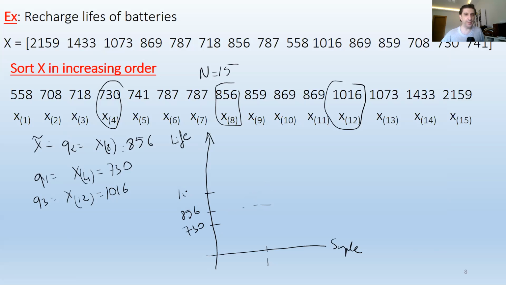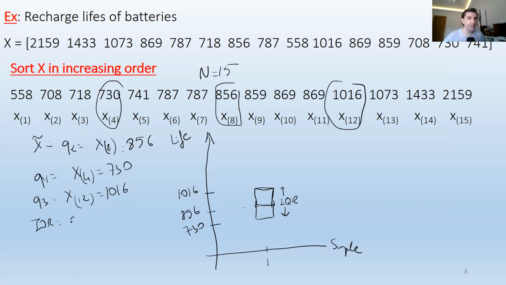And we have 1016. I tried to show it as much in scale as I could, because you should see that the upper 25% covers a slightly wider range compared to the lower percent. This is the interquartile range, the bulk portion of our data, the middle 50%.